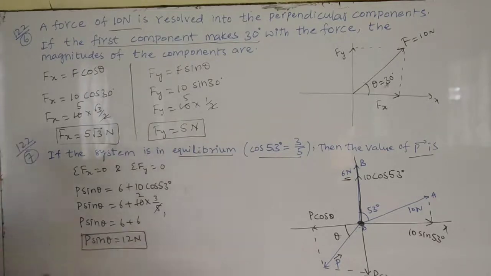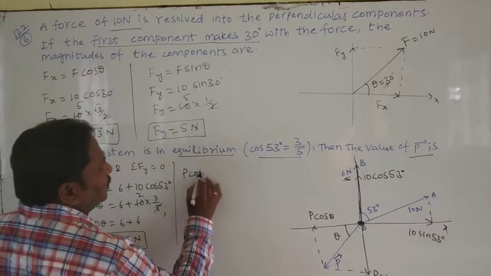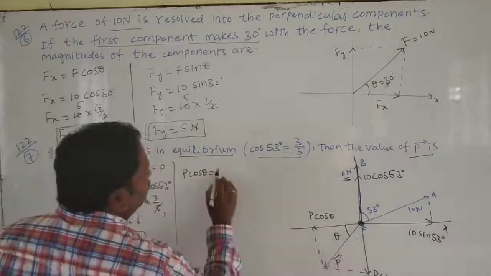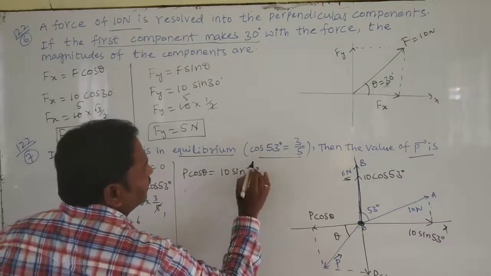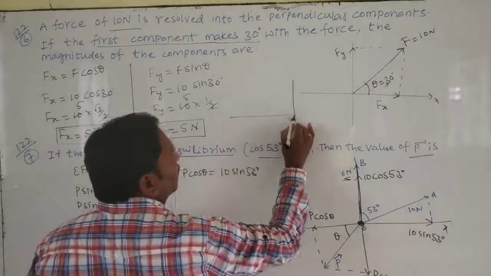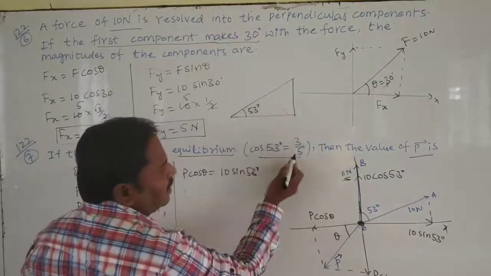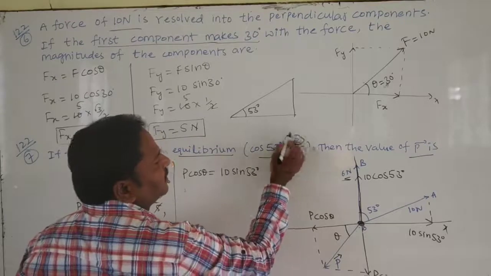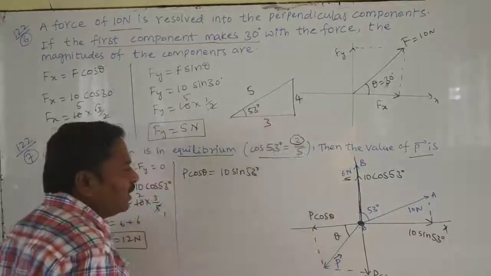This is the first equation. Next, P cos theta equals 10 sin 53 degrees. Here is one more important point. Let's say this is the 53 degrees. Cos means this is the adjacent side, this is the hypotenuse, and this becomes 4.